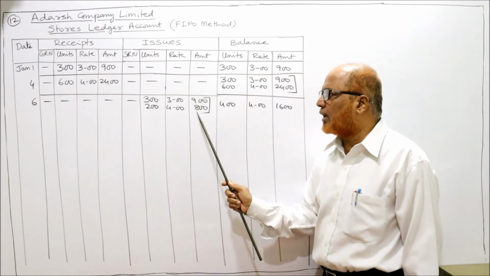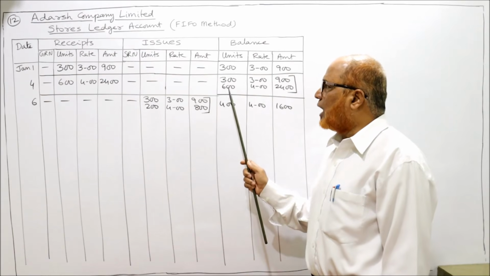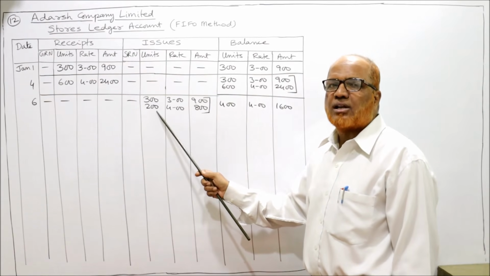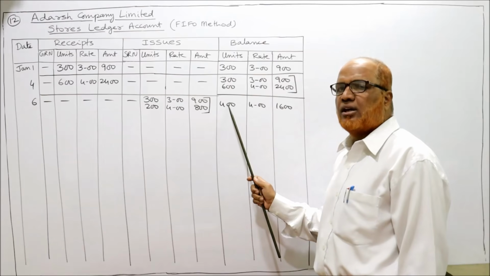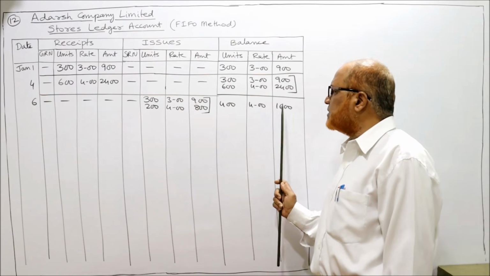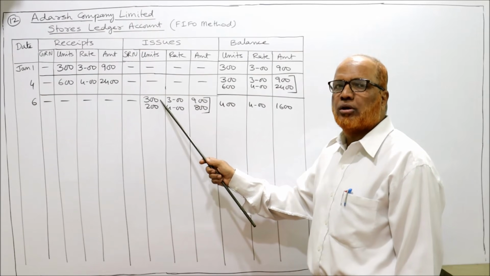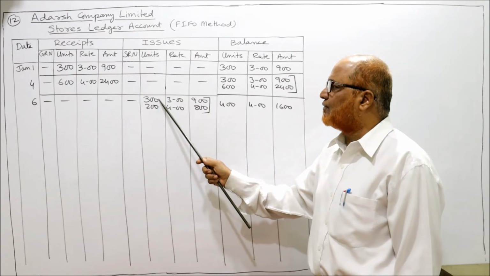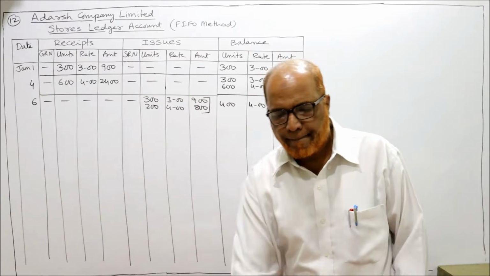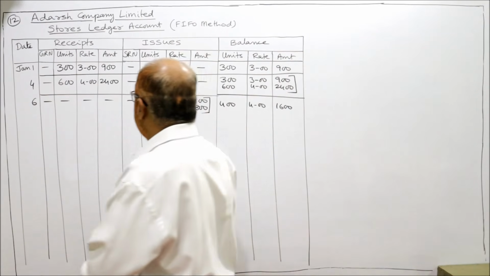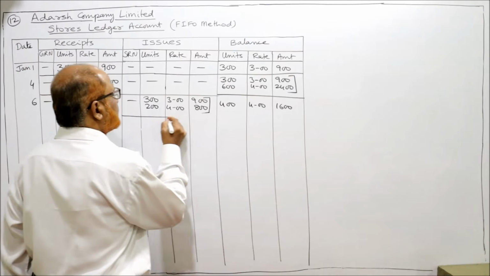So 200 into 4, 800. Right? So out of 600, 200 units are issued. So remaining 400 units is the balance, 4 rupees, 1600. First lot already exhausted, fully issued. So we don't have the first lot. First lot is completely gone. So this transaction, that is 6th, is completed.